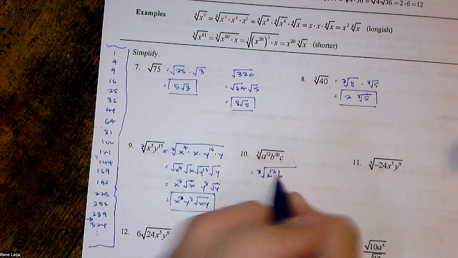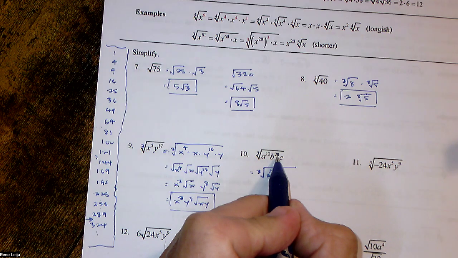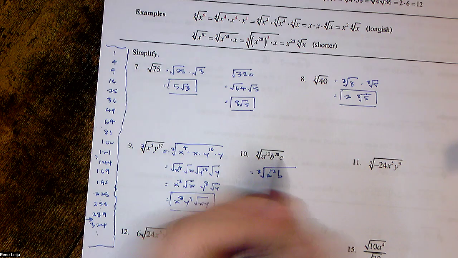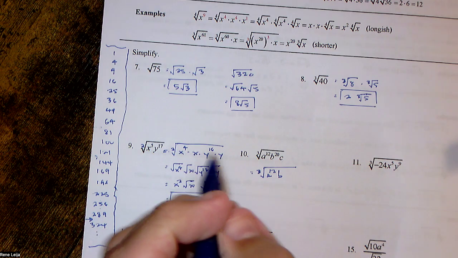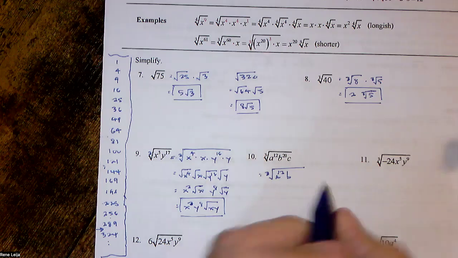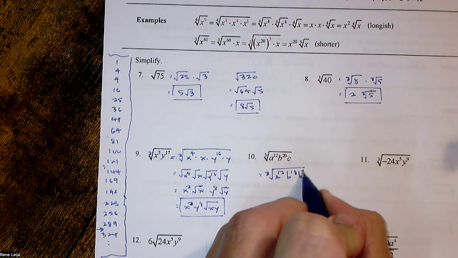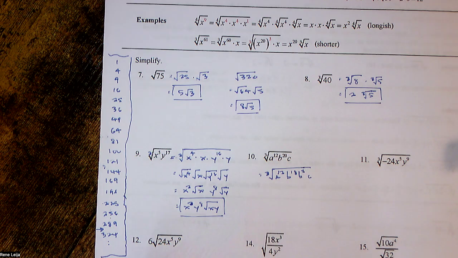Now, b, if I'm looking for multiples of 3, so 3, 6, 9, 12, 15, 18, that gets me close. The next one will be 21, and I overshot it. So this would be b to the 18th times b squared, and then here's your c. So 18 plus 2 is 20.